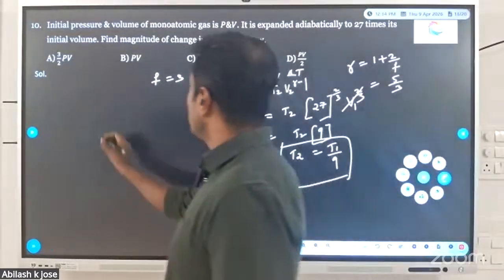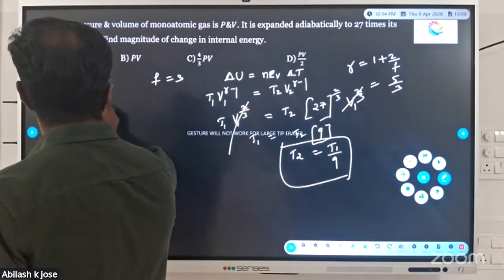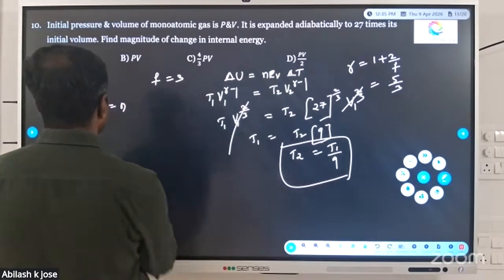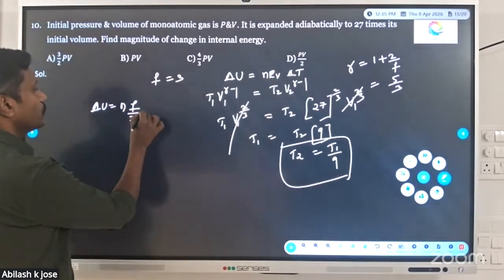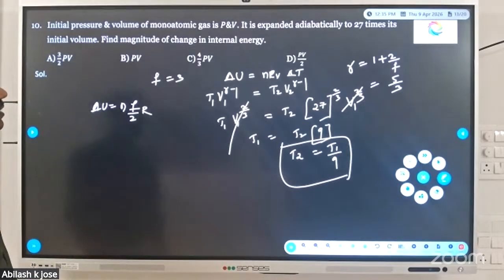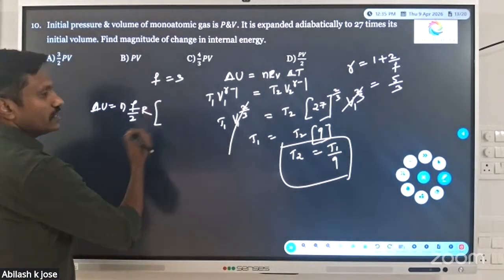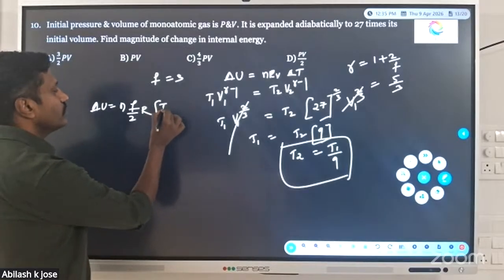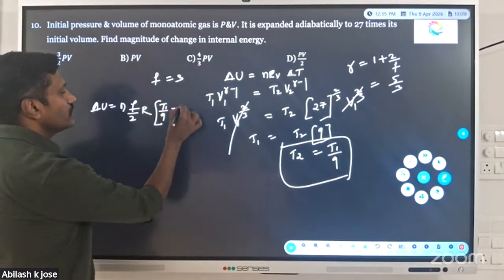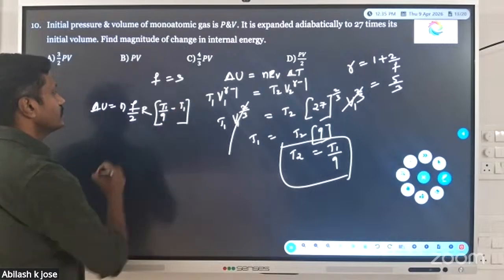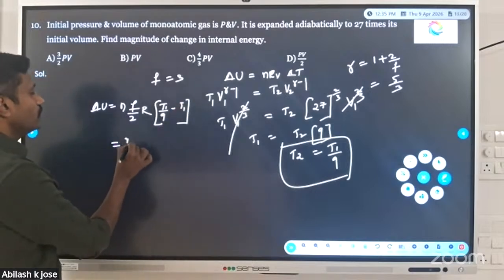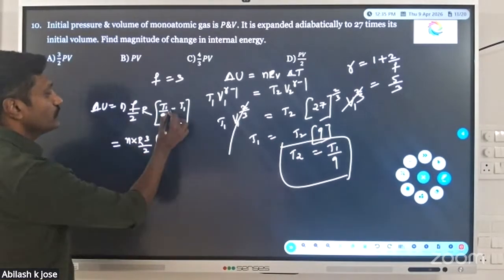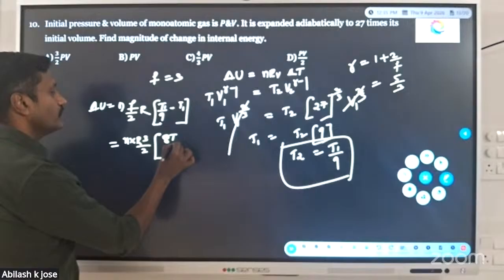Now we can write delta U is equal to n Cv delta T. Cv is 3 by 2 R. Delta T is the change in temperature, that is T1 by 9 minus T1. So this comes out as n R into 3 by 2 into minus 8 T1 by 9.